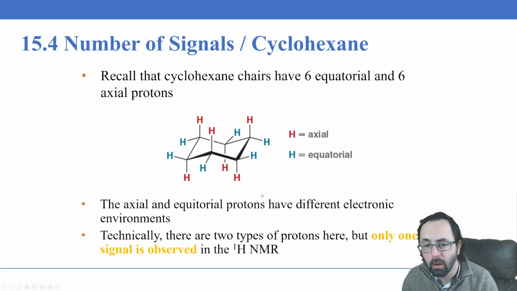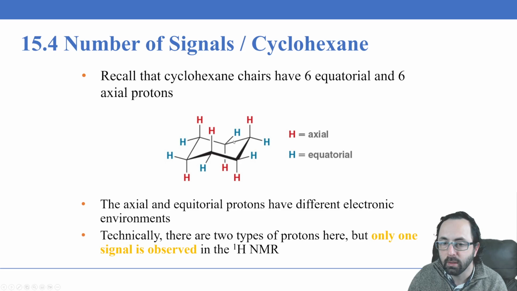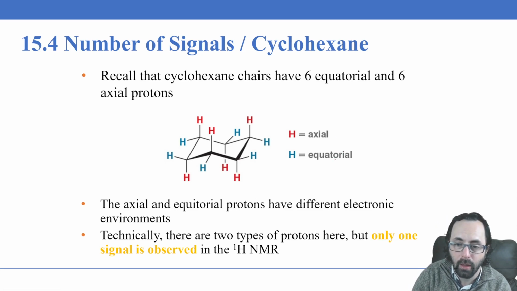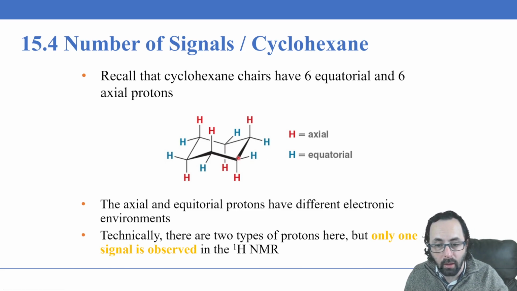Now, you may recall that there are various conformers, for example, the chair structure in cyclohexane, where the hydrogens are in different environments due to their position. So you may remember that in cyclohexanes, we'll have 6 axial protons and 6 equatorial protons, which have very different local electron environments due to their relative positions.